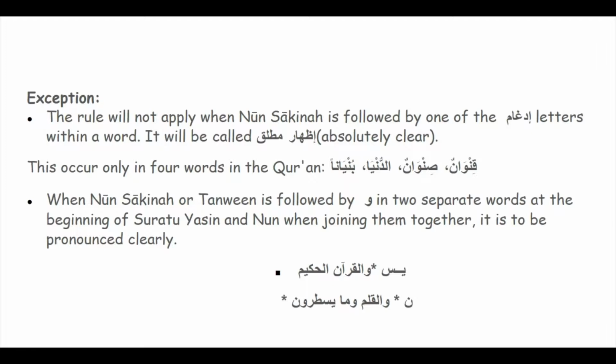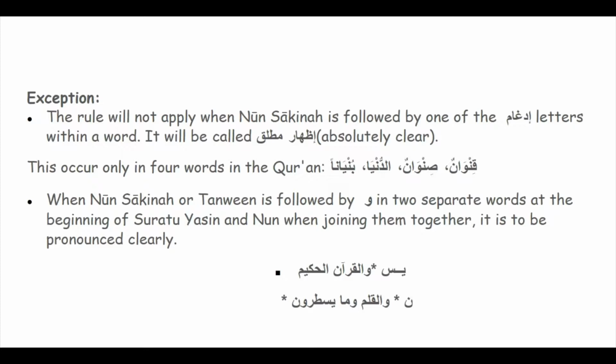If I want to join it together, I'm going to be reading it as Yasin wal Quran al Hakim. We are following the style of Riwayat Hafs and Asim. Other styles of recitation may be merging it together.